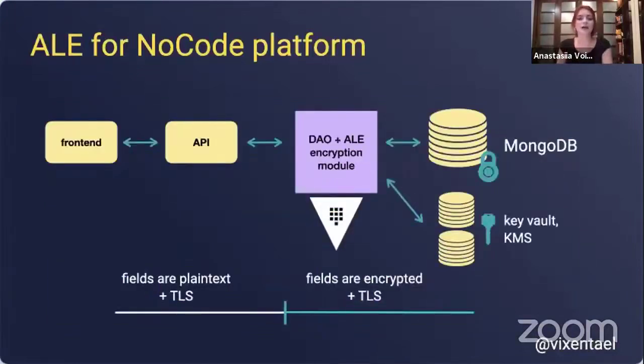In reality, they use HashiCorp Vault. The APIs access the data access object that is responsible for what data to encrypt, where to put this data, which keys to use, and so on. So this DAO called HashiCorp Vault for encrypting and decrypting data before storing it to the database.